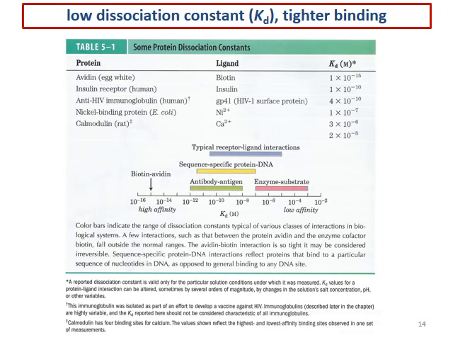So this concept of Kd is very important. Again, it's inversely related to the Ka. So the smaller the Kd value, the tighter the binding of the ligand for its protein, and that talks to you about affinity.